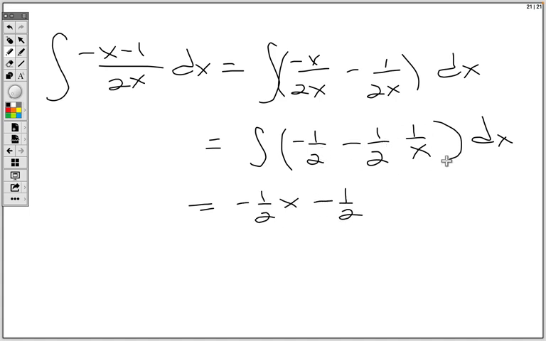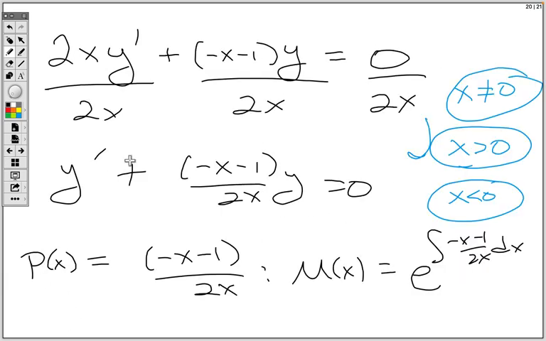Minus 1/2. And what's the integral of 1 over x? What's that turn into? That's your natural log. Now, notice when you do this, you get an absolute value of x. And then once again, there's a plus c we're going to suppress. But yeah, we get this absolute value of x.